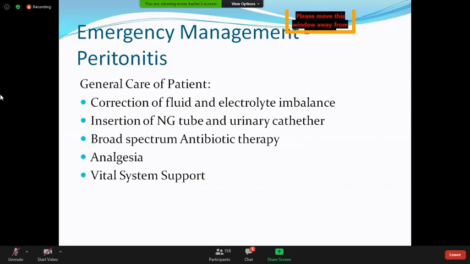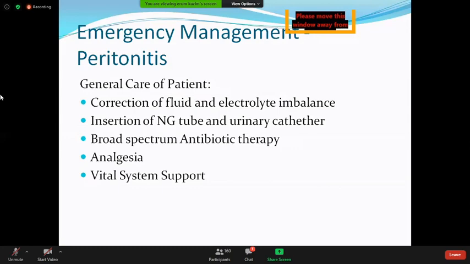These patients are hypovolemic, so we have to treat their hypovolemia with fluid, and fluid balance should be monitored. The electrolyte imbalance should be corrected. A central venous line should be passed, which will help us in measuring central venous pressure.